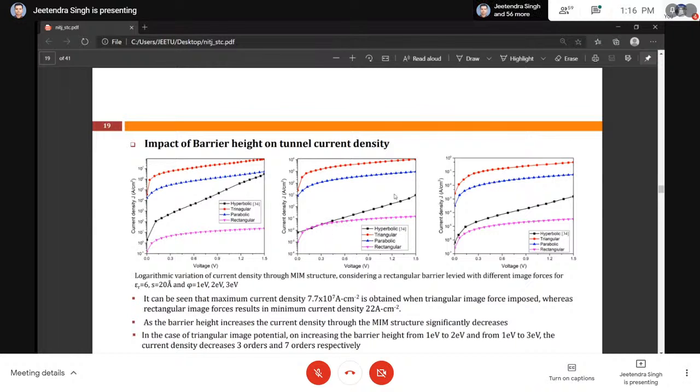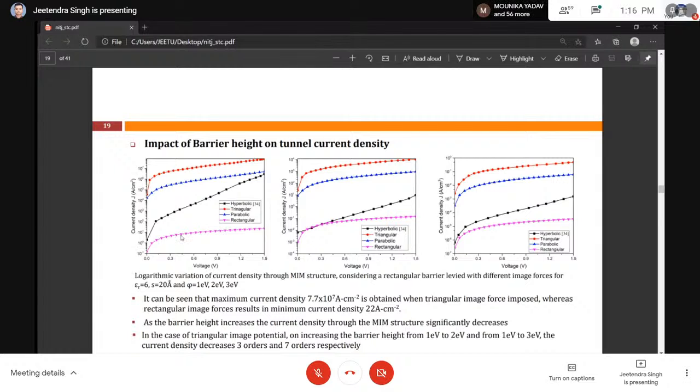The second is shown for 2 electron volts, and this is for 3 electron volts. And we can see that these graphs are drawn by imposing the rectangular, parabolic, triangular, and hyperbolic image potentials.